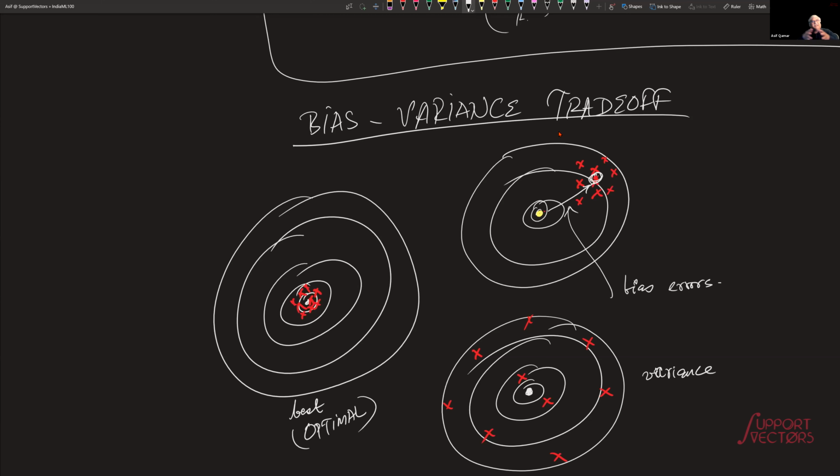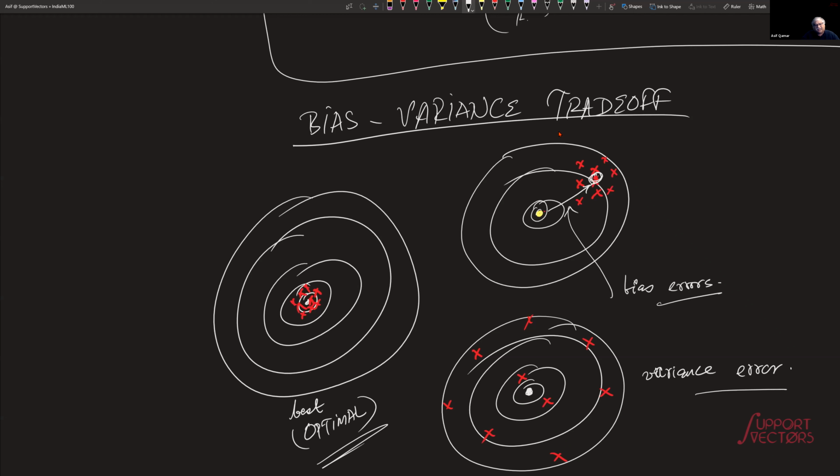It is a measure of how spread out things are. And so here, those darts have hit over a pretty large area. So you say that this player is suffering from variance errors. Are we together? Now let's bring this idea. So now what happens is you have bias errors, variance errors, and this is the optimal solution, right?